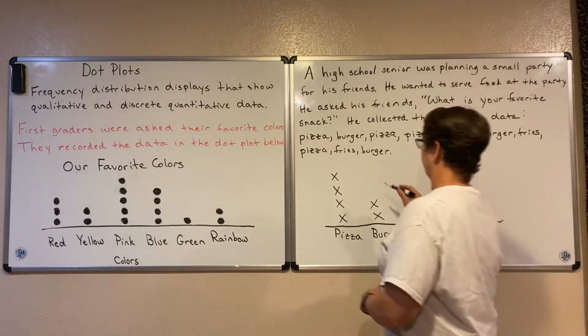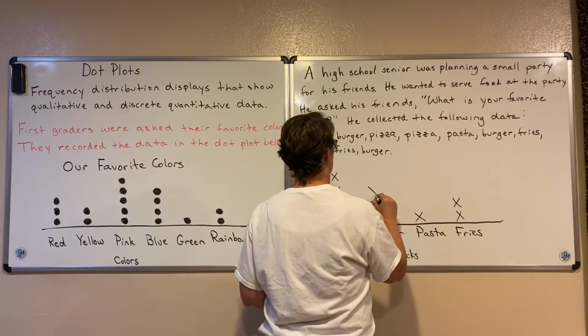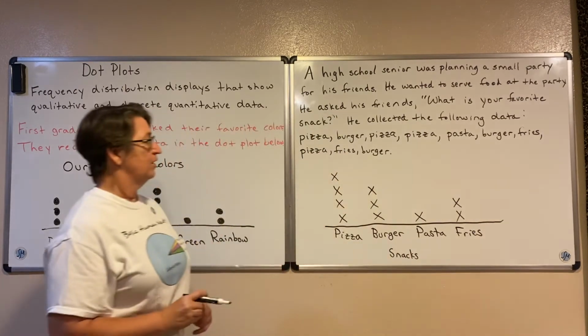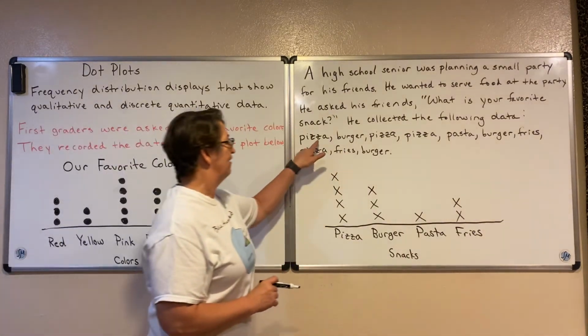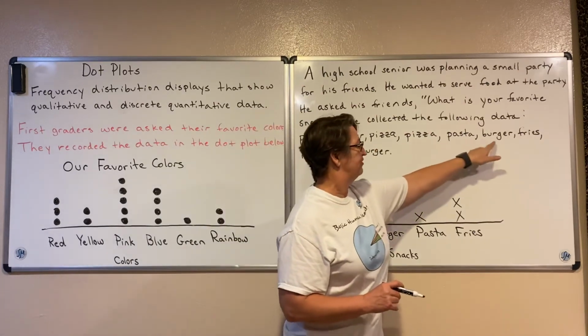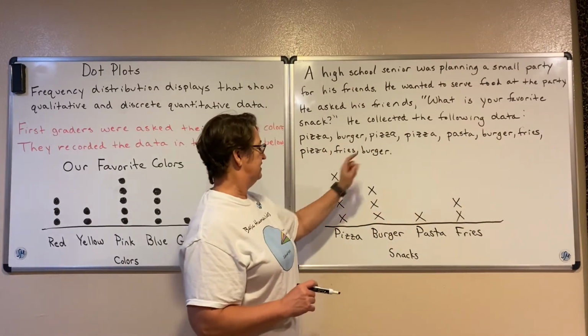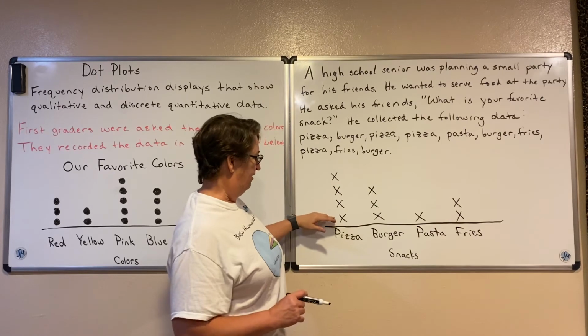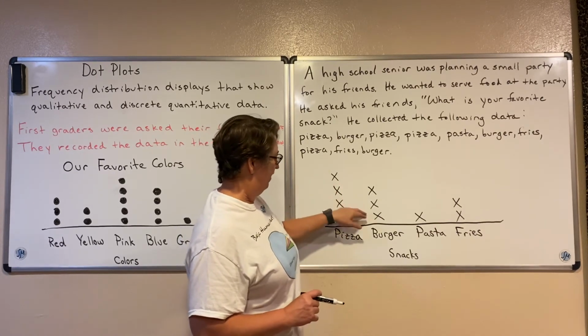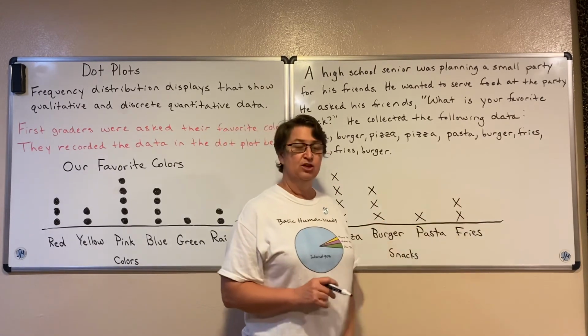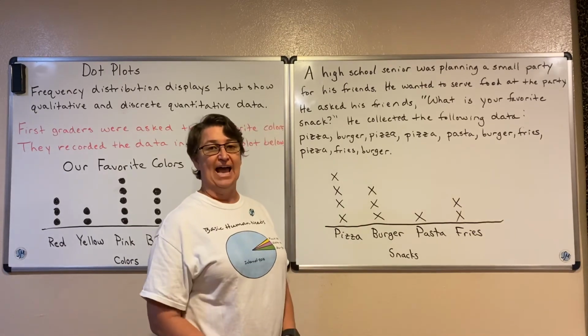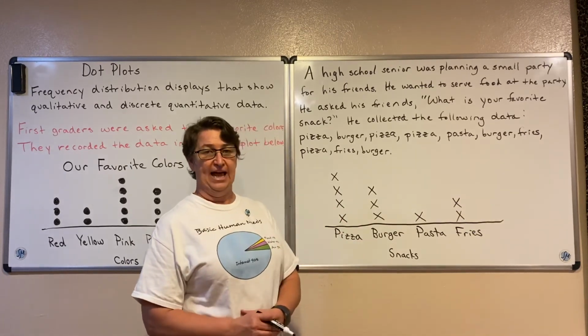And burger. Oh, that's here. So I've represented my data. I should have 1, 2, 3, 4, 5, 6, 7, 8, 9, 10 different data values. So he had 10 friends that he asked, and those were their 10 answers.